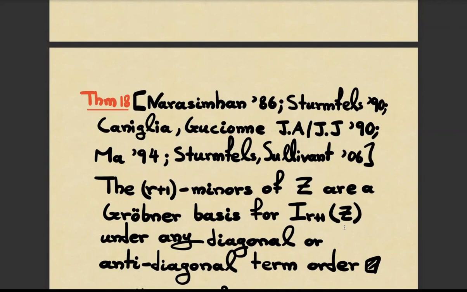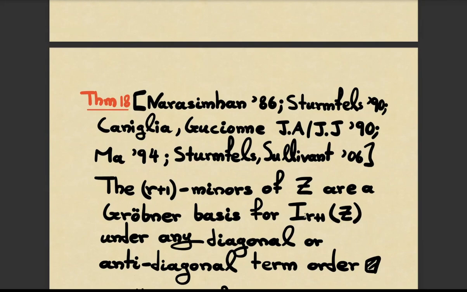I'll just say that a Groebner basis for this ideal, or for any ideal, is a set of generators whose initial monomials, if we put an order on the monomials, also generate the initial ideal of this ideal.